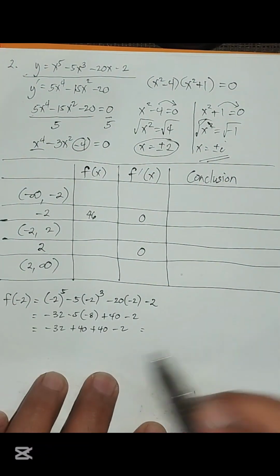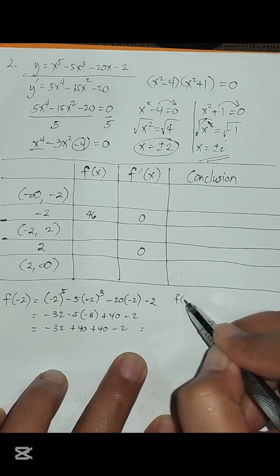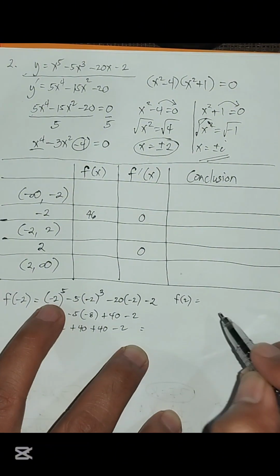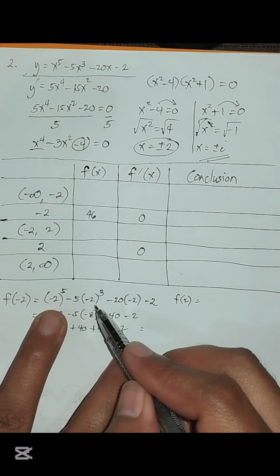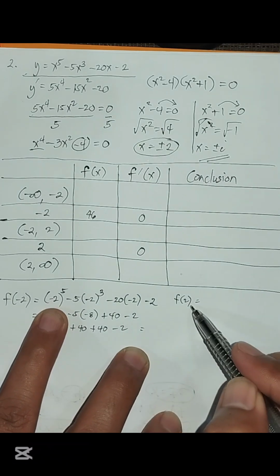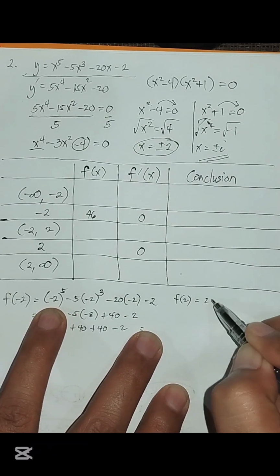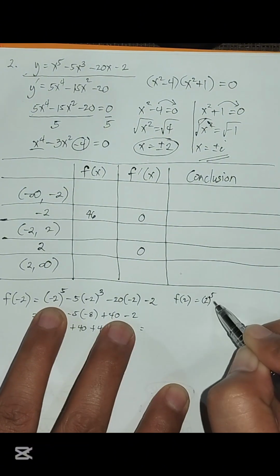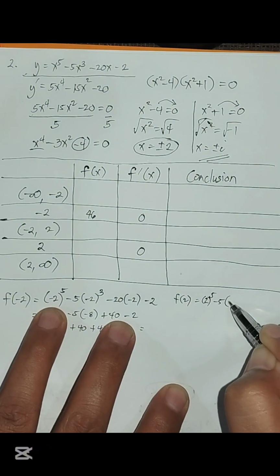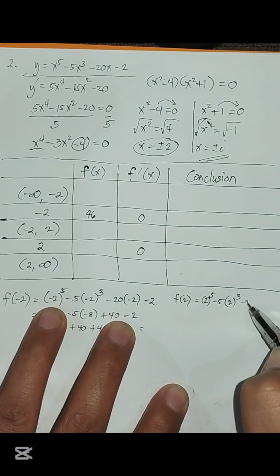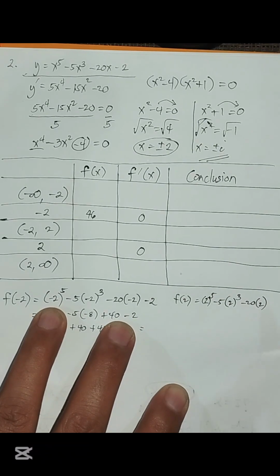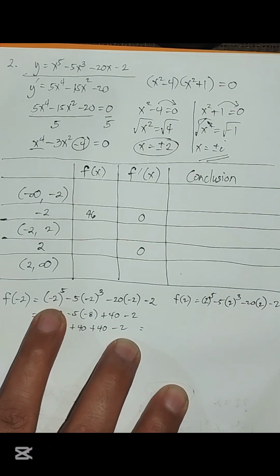Okay? So next, we have f of 2. So let's solve f of 2. We just replace negative 2 with positive 2. So we have 2 to the fifth power minus 5 times 2 cubed minus 20 times 2 and then minus 2.